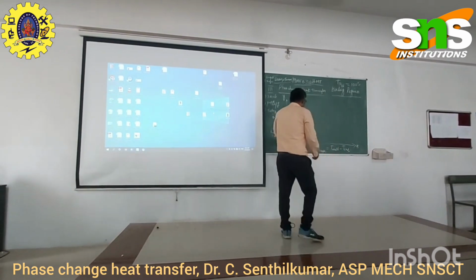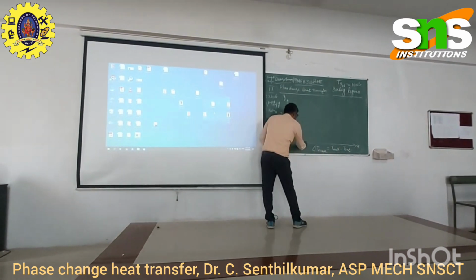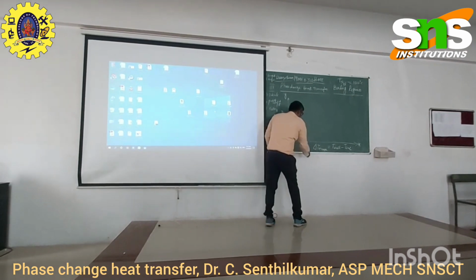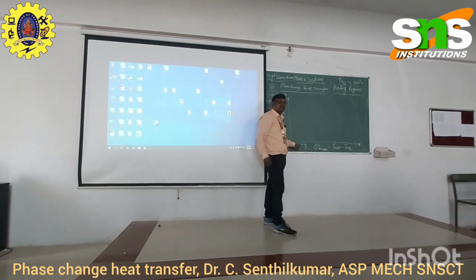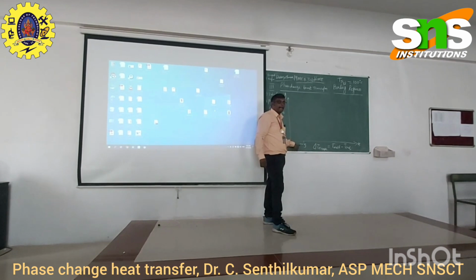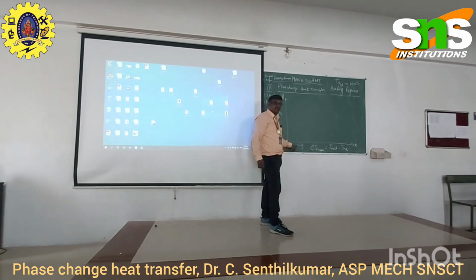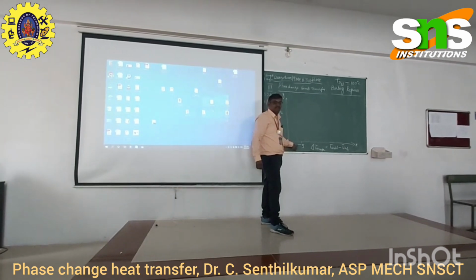Based on that, for delta T excess, the first value is 5. What does this symbol indicate? Is it minus? No, it is nothing but more or less.